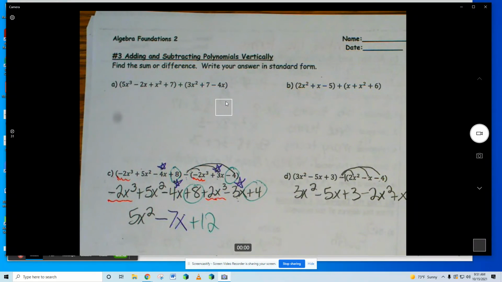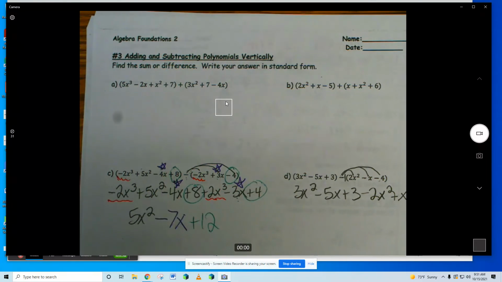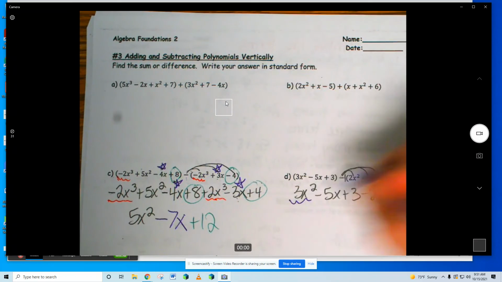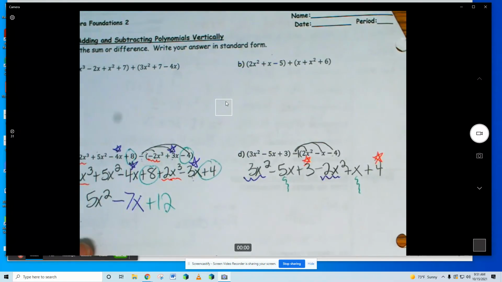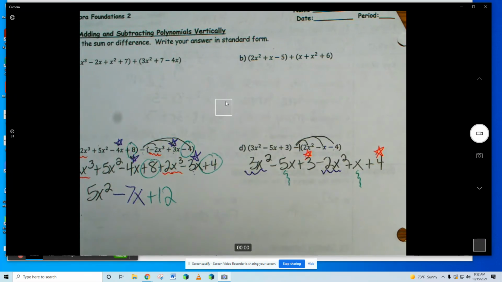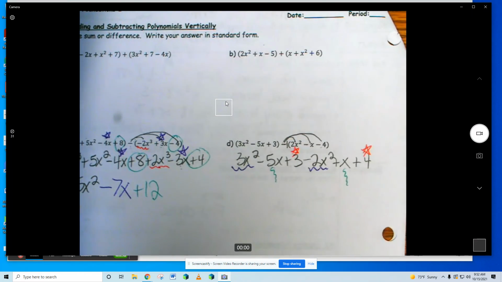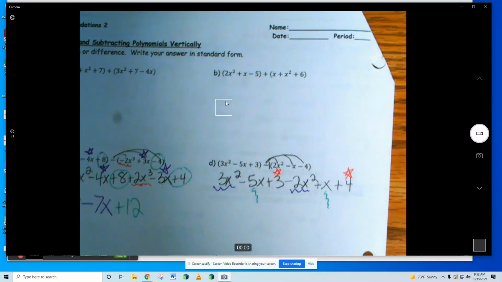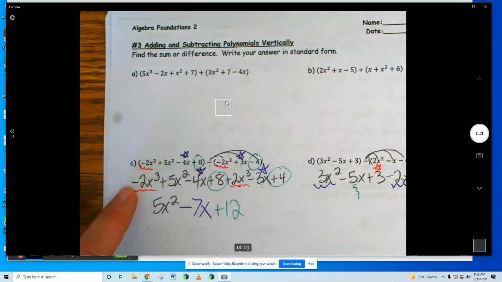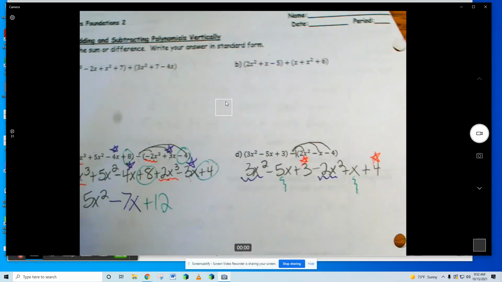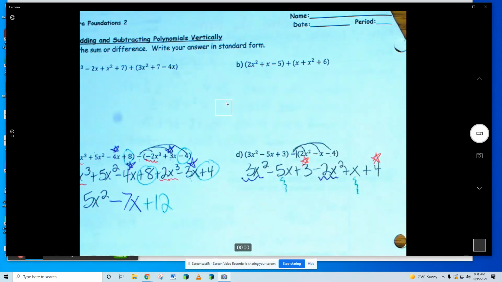Now all of my things that are the same need to be together. 3x squared minus 2x squared. 5x and x. 3 and 4 are my constants. Those go together. All right.